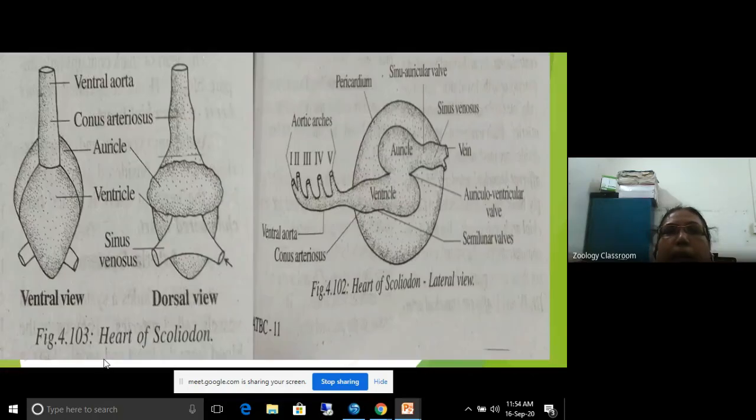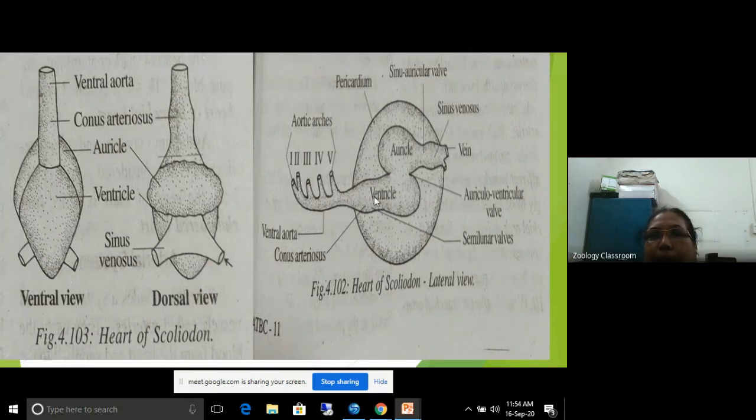Next we see a diagram. This is the heart of scoliodon, an S-shaped structure: sinus venosus, auricle, ventricle, then conus arteriosus. These are the aortic arches, and these are the dorsal and ventral. Through the sinus venosus, venous blood enters the auricle, auricle to ventricle, ventricle to the conus arteriosus, then to the aortic arches.